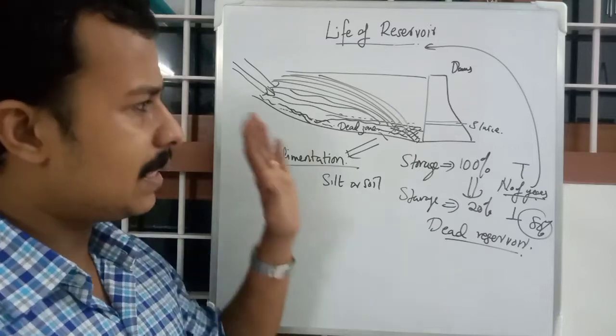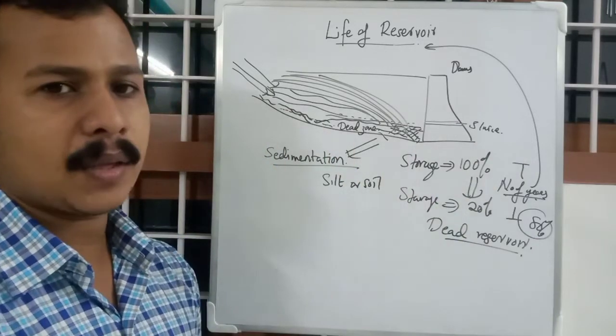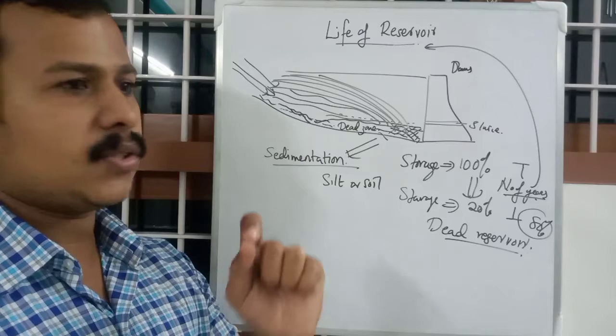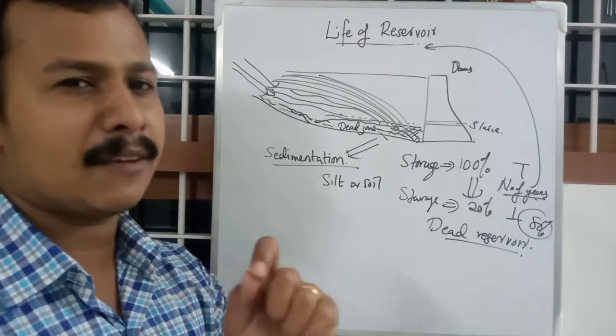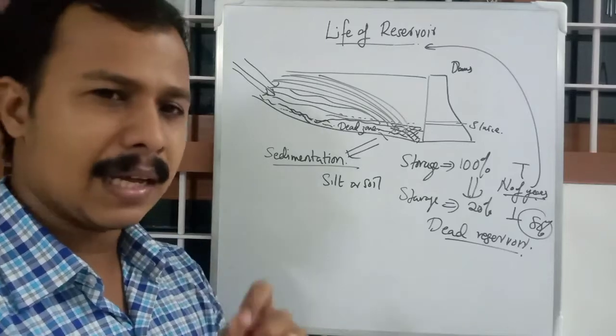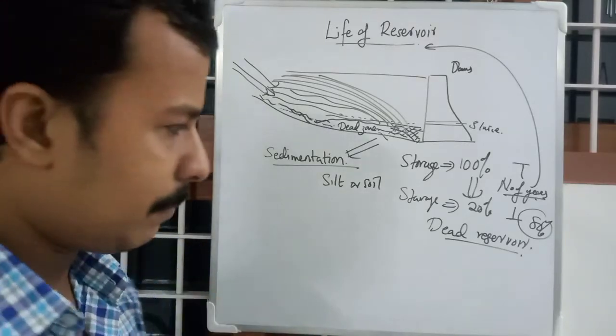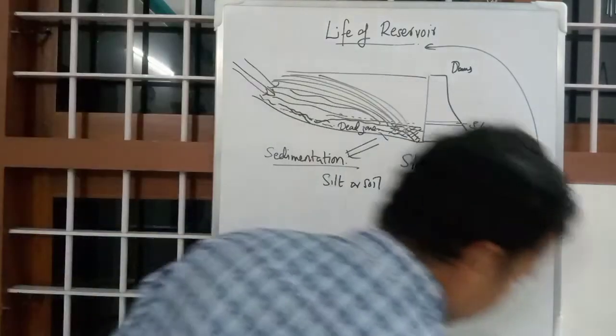That is the brief point on how a reservoir dies, or how the life of a reservoir can be calculated roughly. Now we are getting back to sedimentation.